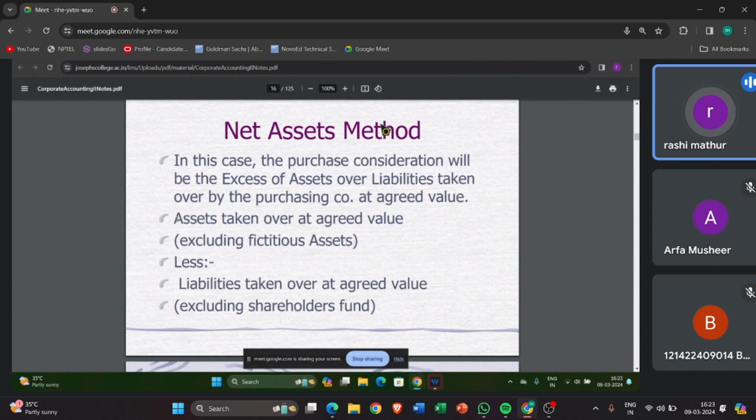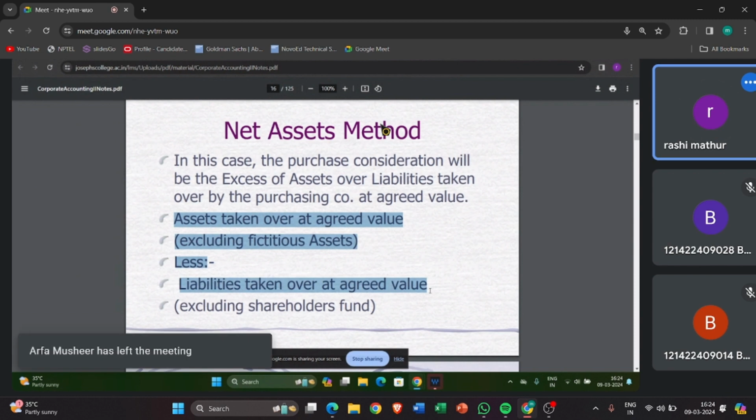I will pay purchase consideration as assets taken over at their revalued values, agreed values, minus liabilities taken over at agreed values. So the purchasing company will calculate how much it should pay. It will pay the difference between the assets taken over minus the liabilities taken over. That will be fixed as the purchase consideration.